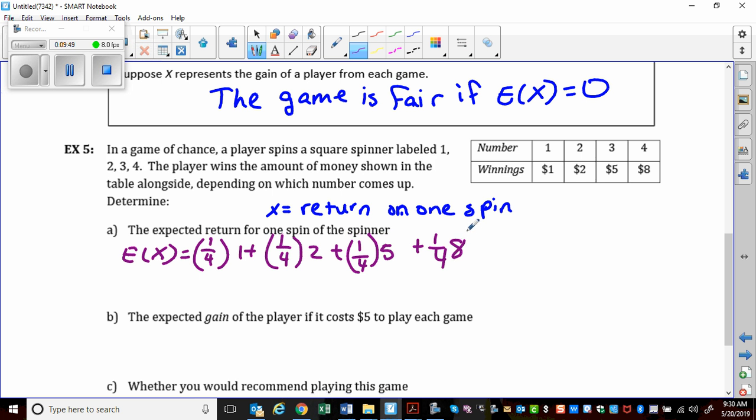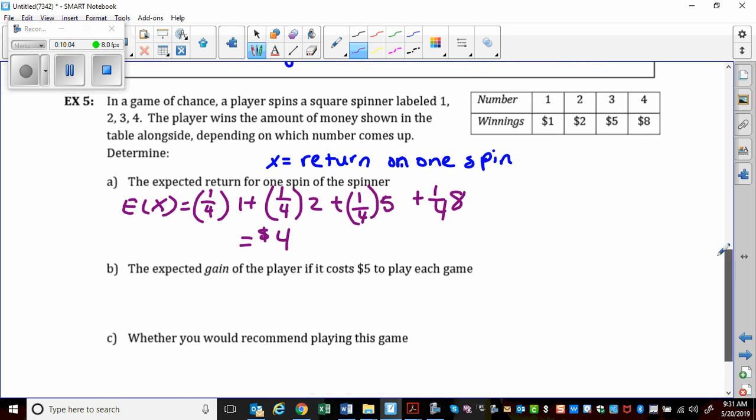So this is going to be my expected return. I think if you multiply this out, this is $4.